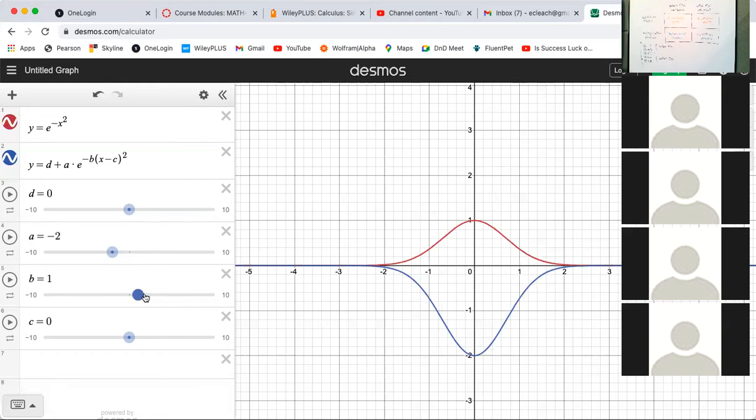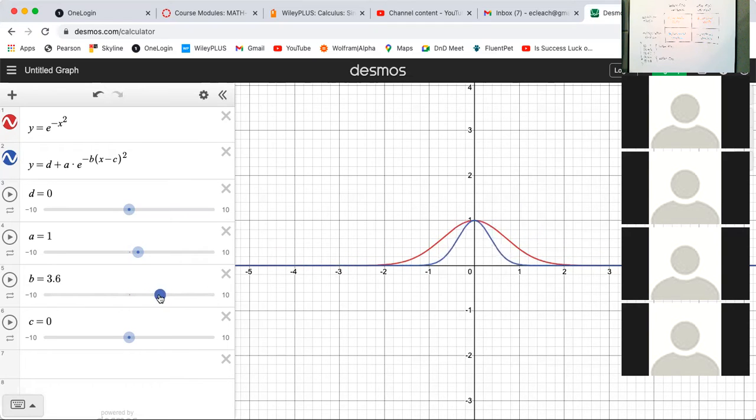The other thing that we'll want to notice is what happens if we change the multiplication before the function. Let me move my vertical multiplication back to 1, the default. If I increase the value of b, notice that that stretches or squishes the graph horizontally.